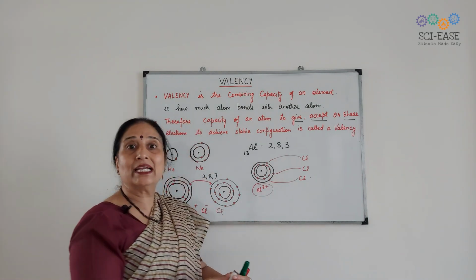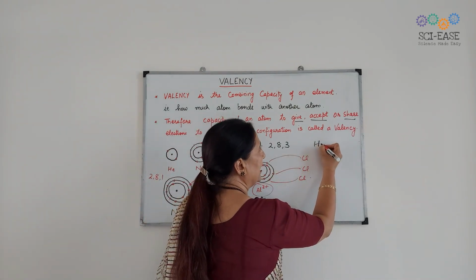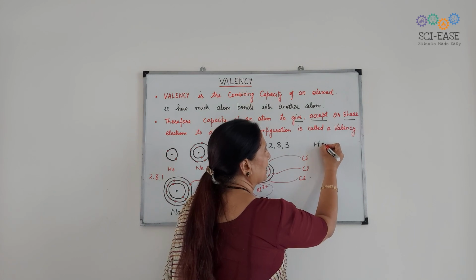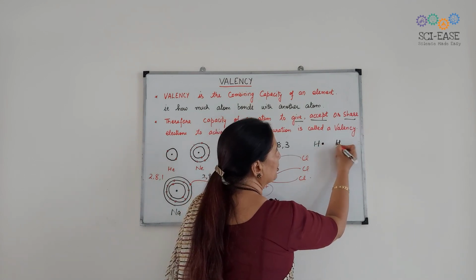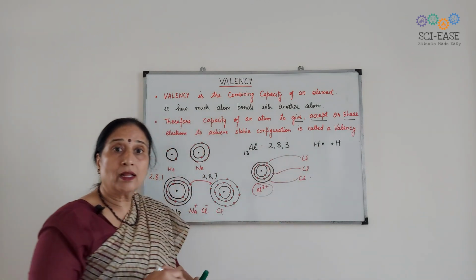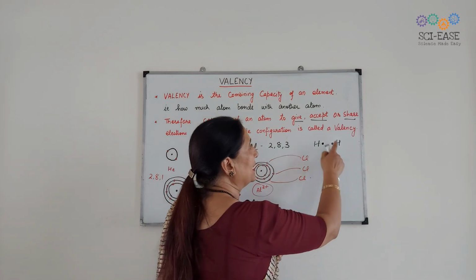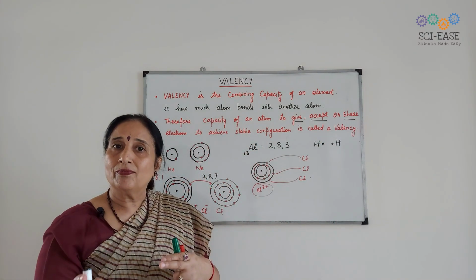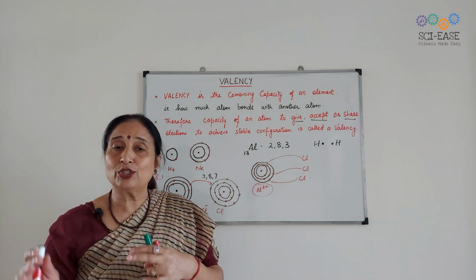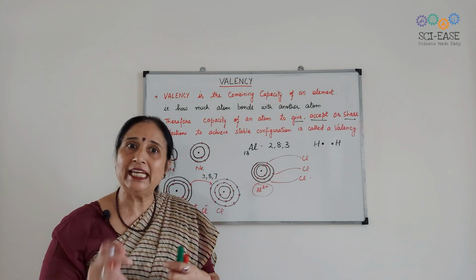I will take up the case of the hydrogen molecule. One hydrogen has 1 electron, and this hydrogen has 1 electron. In this case 1 electron is less, and in this case also 1 electron is less, for the hydrogen to acquire the stable configuration of helium.